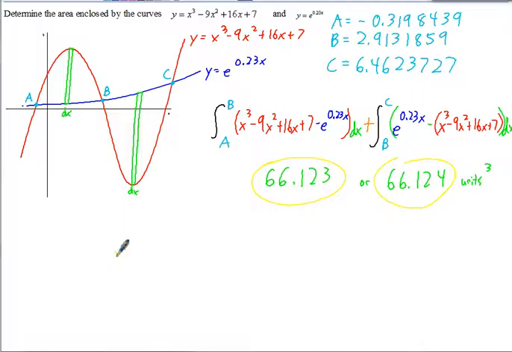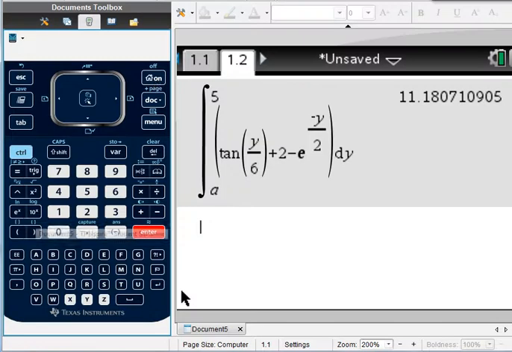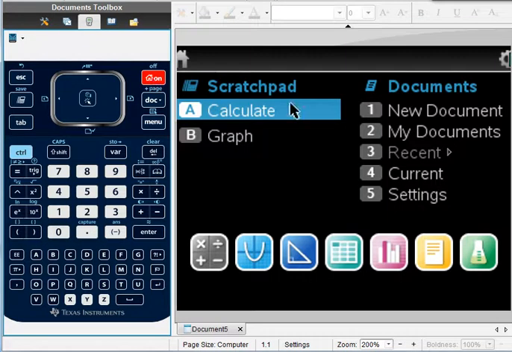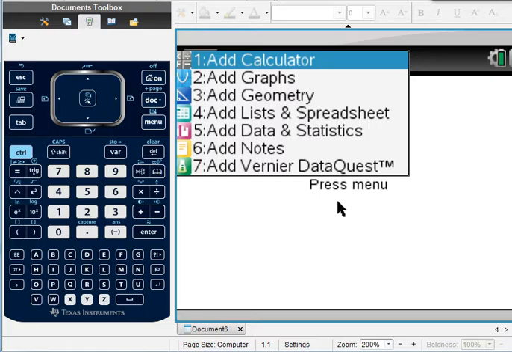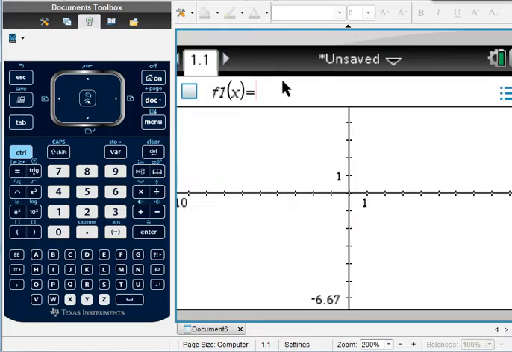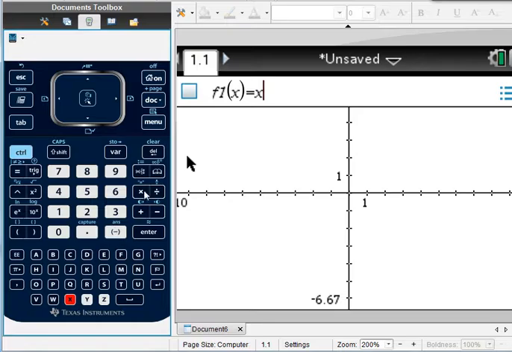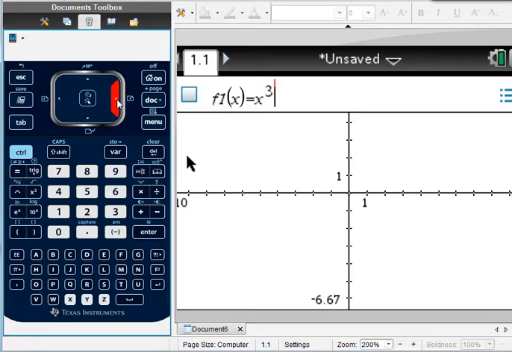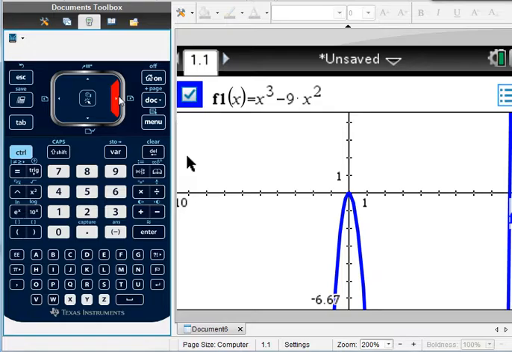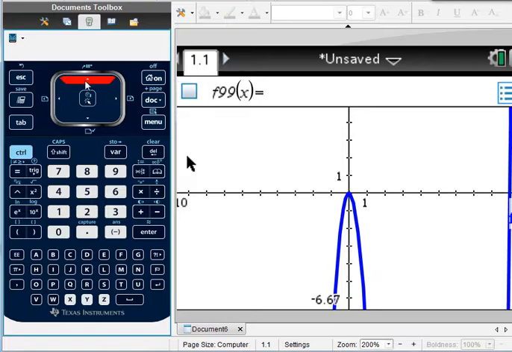Okay, now let's just do the same thing with the Inspire. If I do new document, add the graphs. Got x cubed minus 9x squared. Oops.